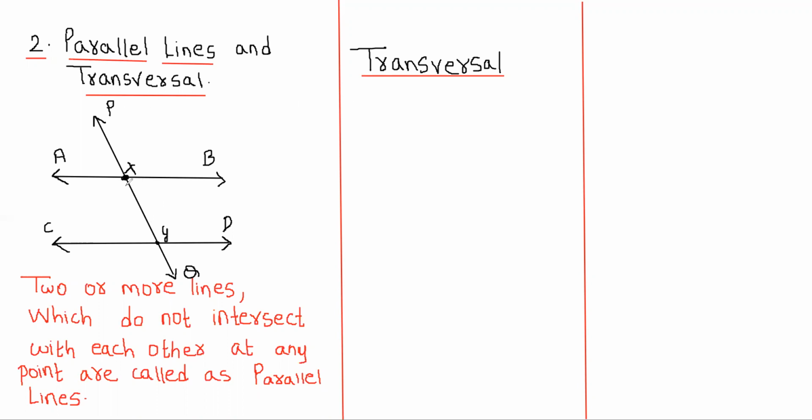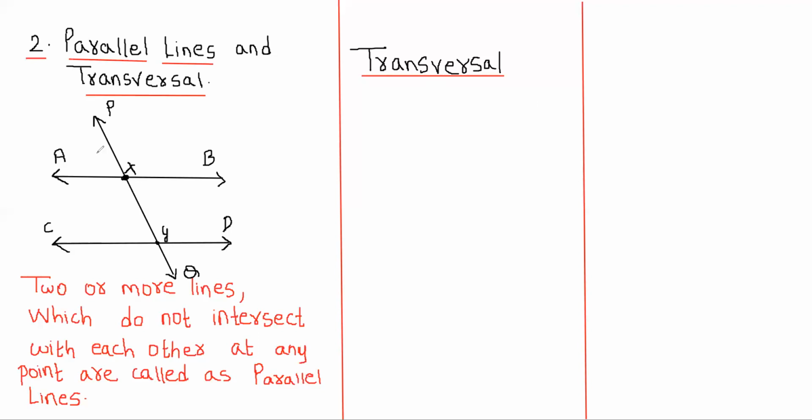So here, students, PQ is the transversal because it is intersecting the two parallel lines. Now whenever a transversal intersects two parallel lines, how many angles are formed? Let us see.